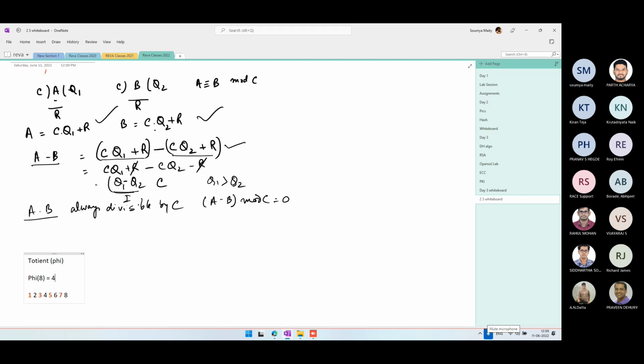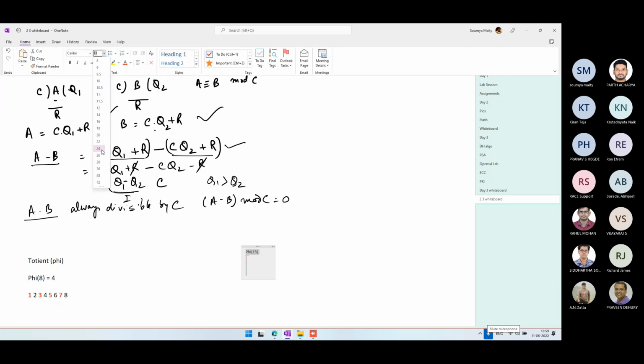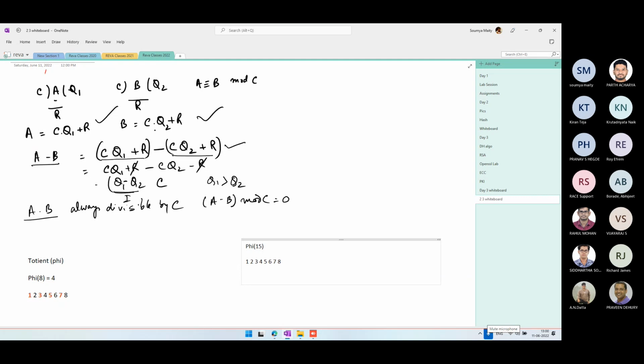Is it clear now? Now you guys please calculate phi of 15. What will be the value of phi of 15? Tell me. One will always be counted.